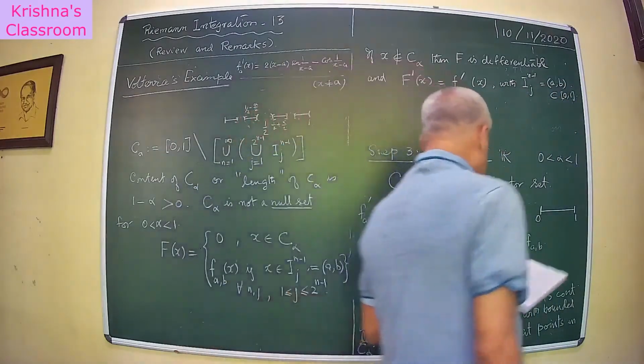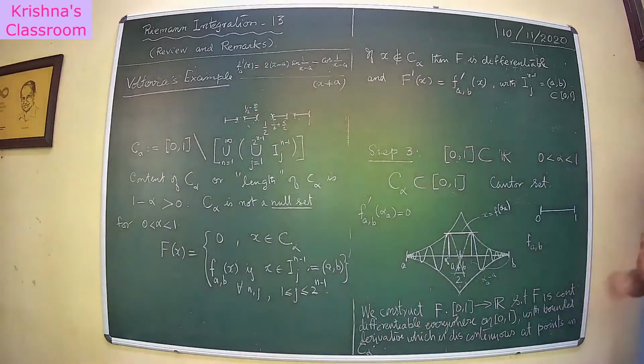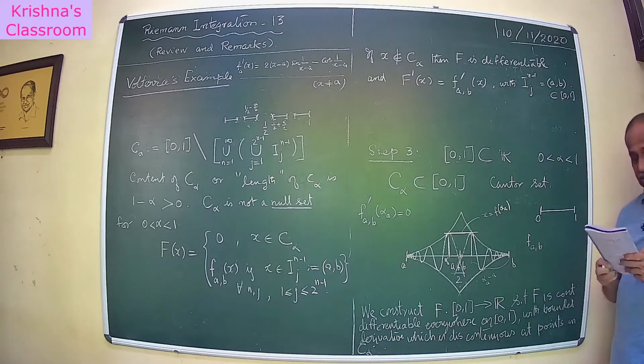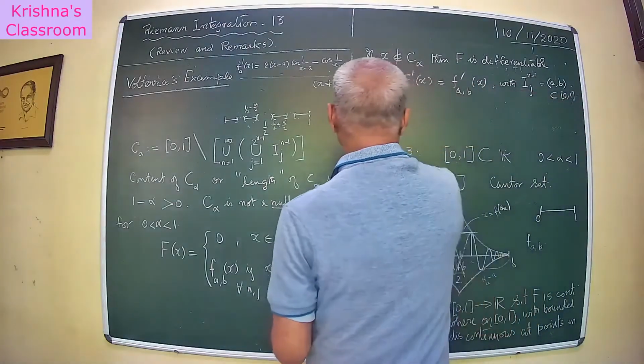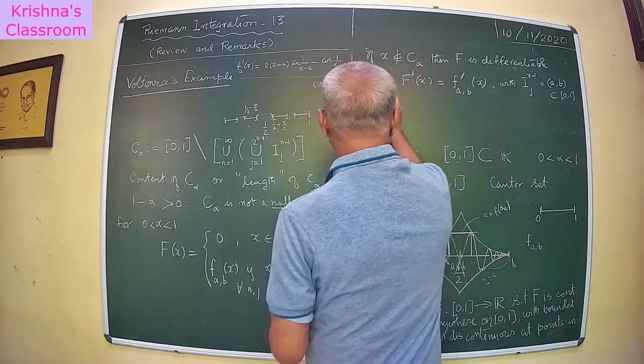So the problem is what happens when x equals a or b, that means at the end points, which turn out to be essentially a point in C alpha. So let us investigate.